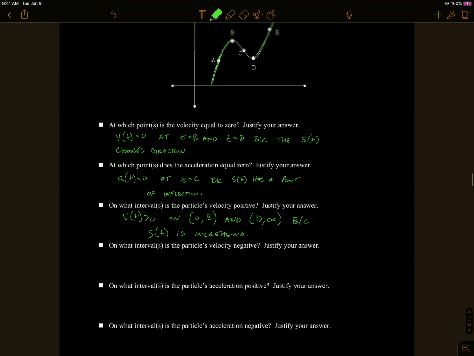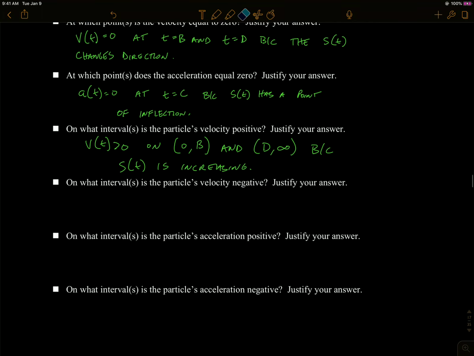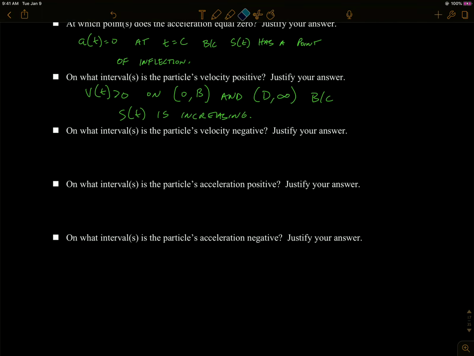That's because we know velocity has to be the derivative of position. So we're looking at the graph of the position. So anywhere the position graph is increasing, then the derivative is going to be positive. Okay, on what intervals is the particle's velocity negative?